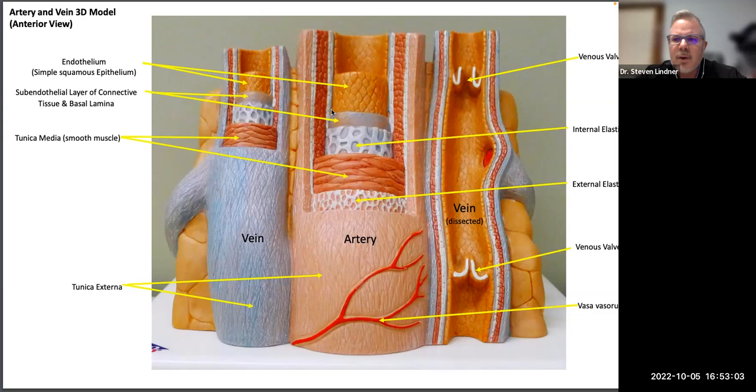Okay, so let's take a look right here at the artery. Let's look at the internal layer first. We see the arrows pointing to the endothelium, which is simple squamous epithelium. It's 1 cell layer, so these are easily damaged. This is why on blood work, we always want to look for homocysteine levels, and I equate homocysteine, you've heard me say it before, as liquid sandpaper, which can damage blood vessels.